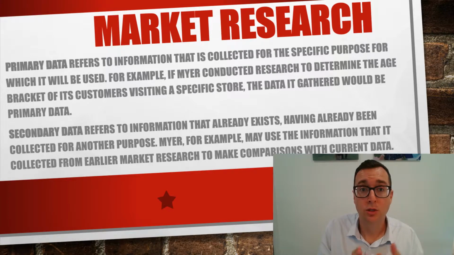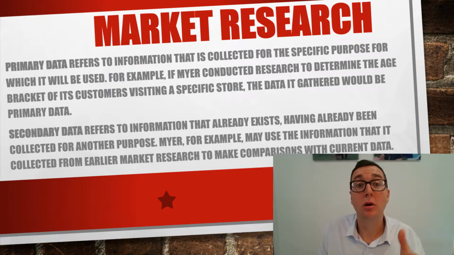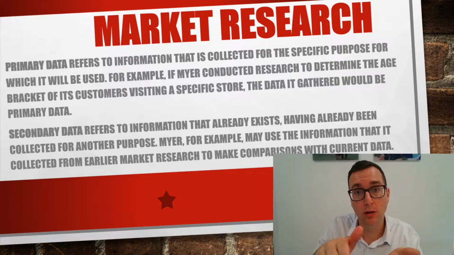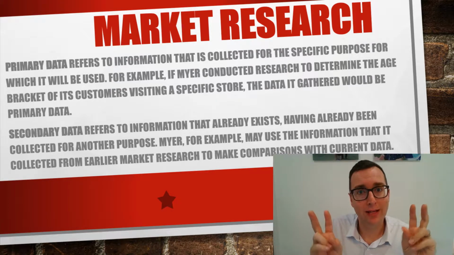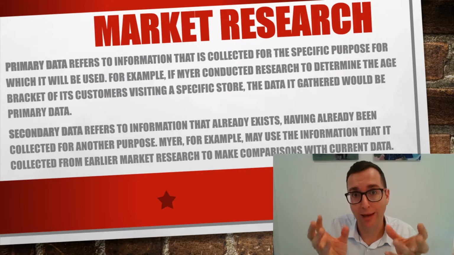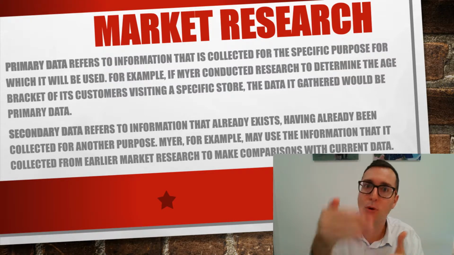All right. So an example for secondary data or secondary research, Myer again, they might have a question they wish to answer about an upcoming product line. If they go and find out some more answers and they research some people and survey some people again, that's not secondary, that's primary.